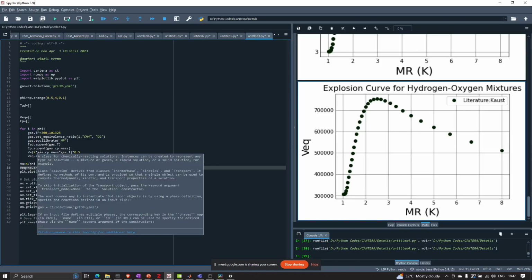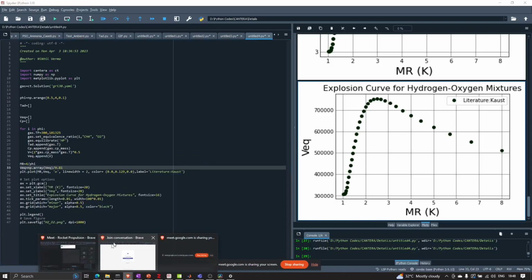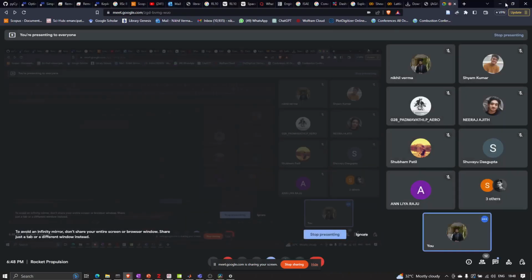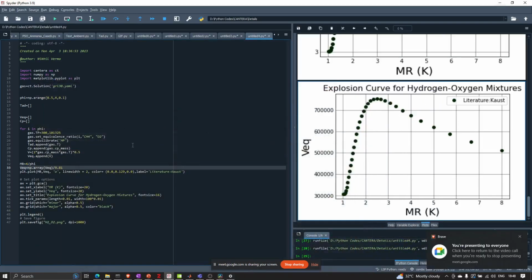Okay, so we have this formula. So we have this equivalent velocity.